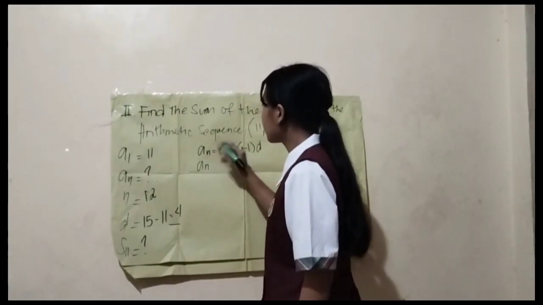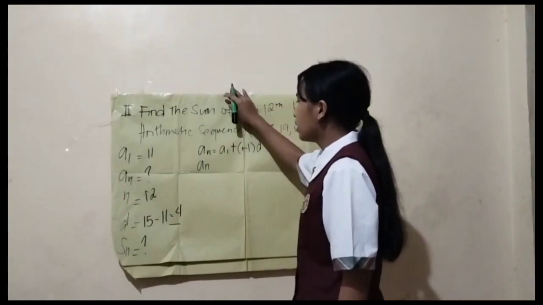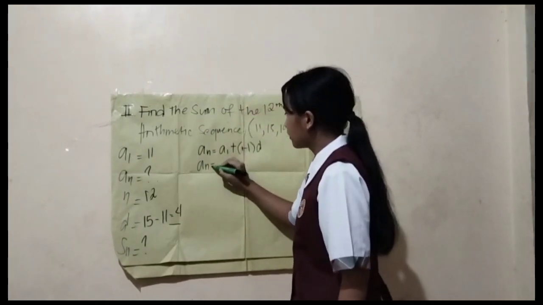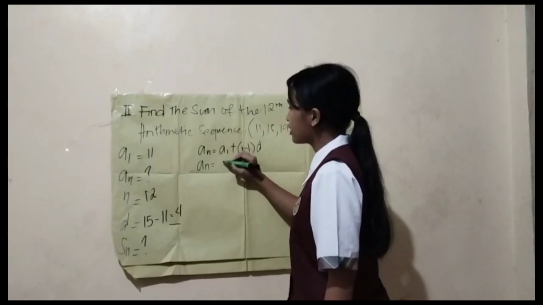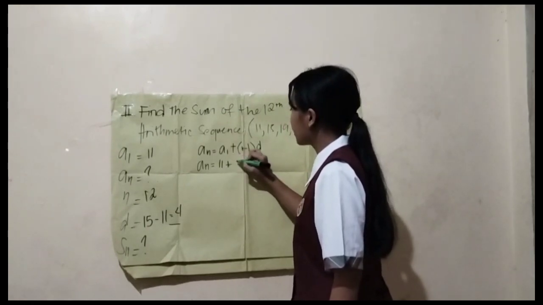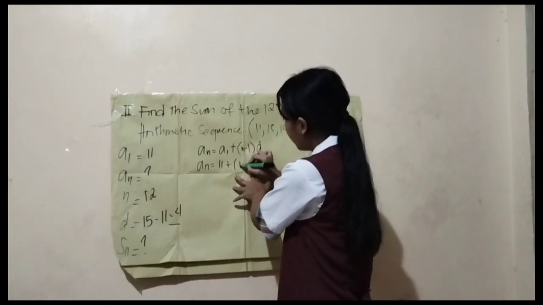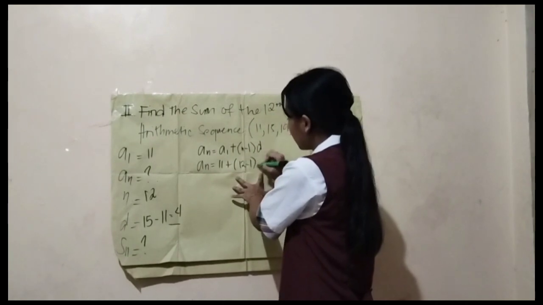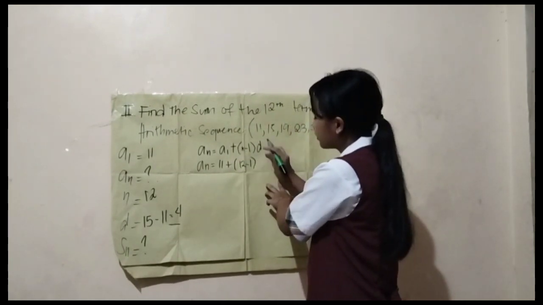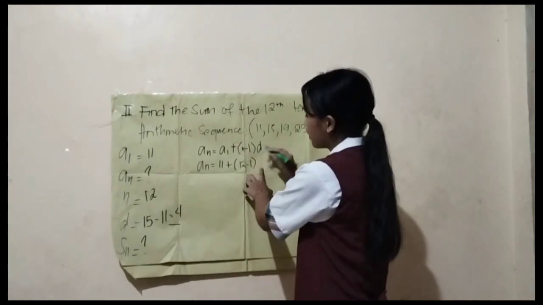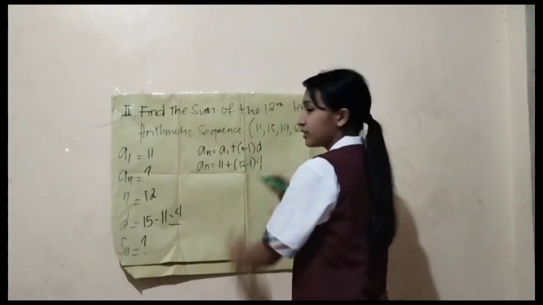Now we would substitute the value of a sub n and a sub 1, which is 11, plus the value of n, 12 minus 1, and we would substitute the common difference, which is 4.